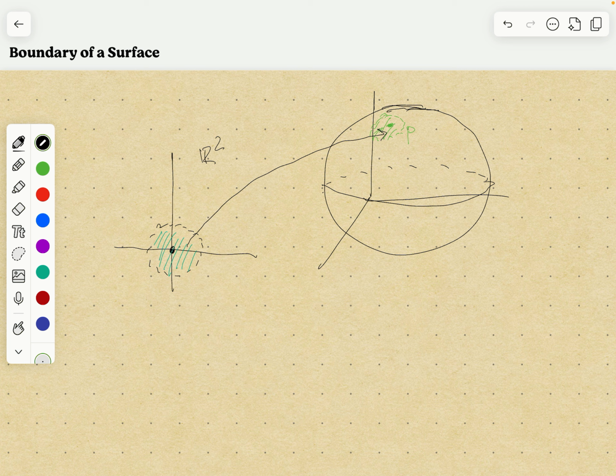So something like that is called a coordinate patch.